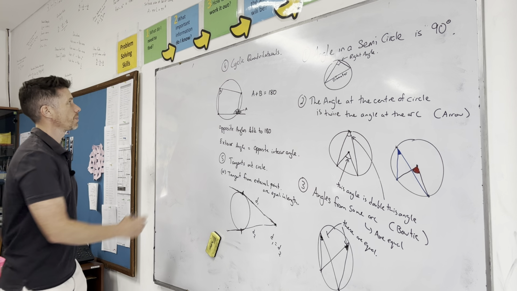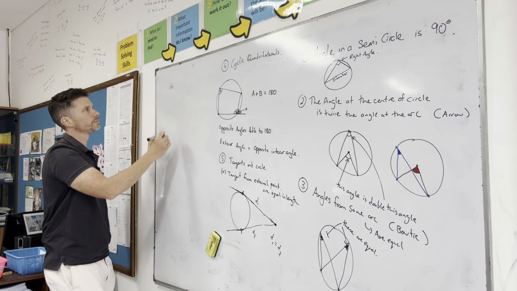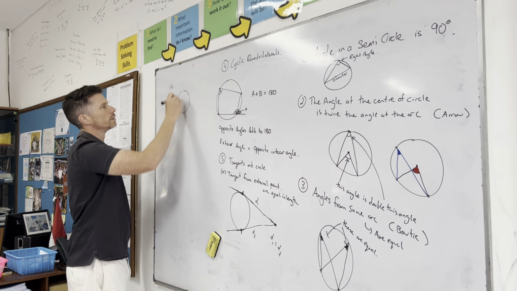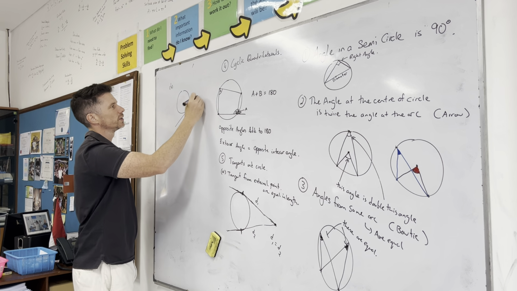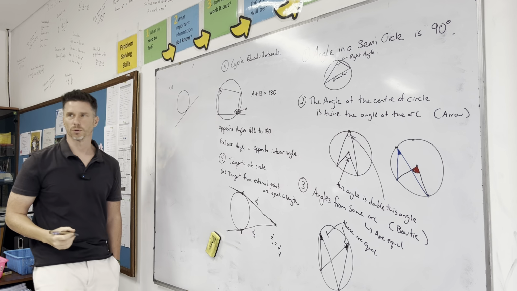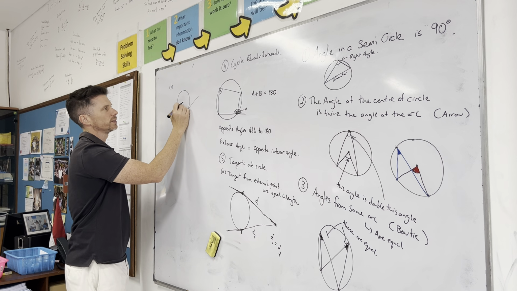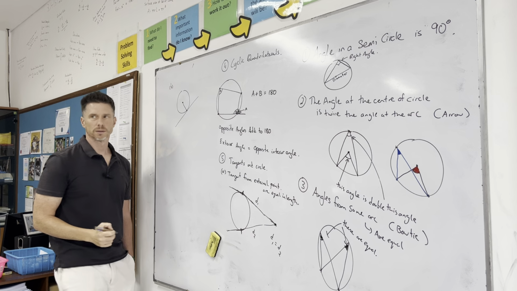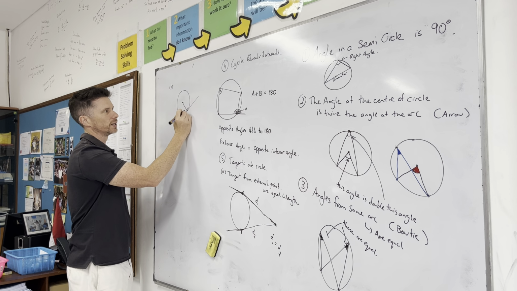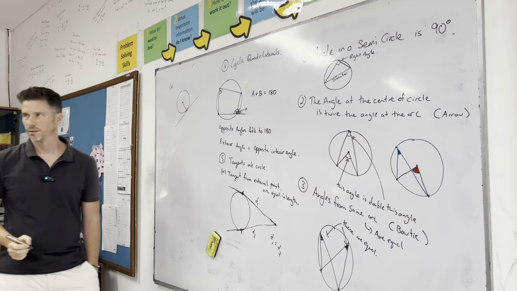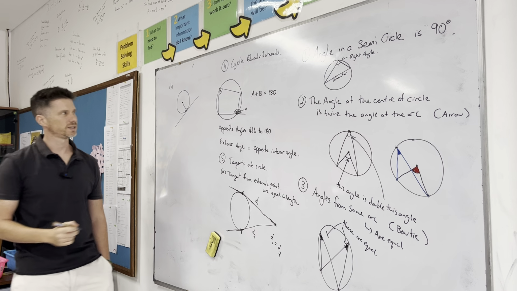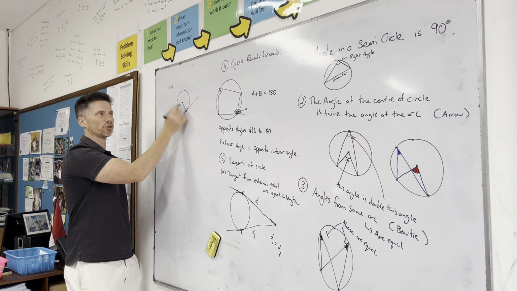Okay, and then the second part of this one, if I do have a tangent to a circle, let's just say I have one, I'm only looking at one at the moment, and you draw a line to the center of the circle from it, this creates a right angle here. Always. If we have a tangent to a circle, we just draw a line to the center.